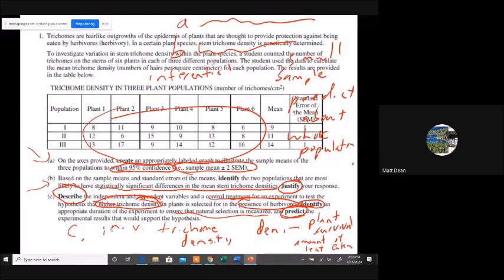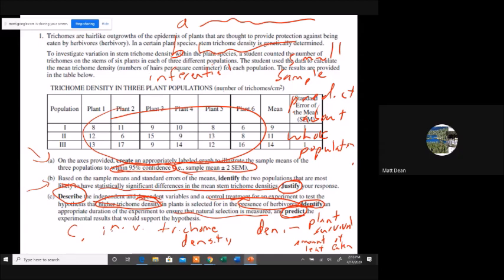That's the thing they're looking for you to talk about here. So I would say that an appropriate duration of this experiment would be several generations of this particular plant. That's what they've got to know. They want you to know that it's not the individual that evolves, it's the population that evolves. So you've got to say something about multiple generations.